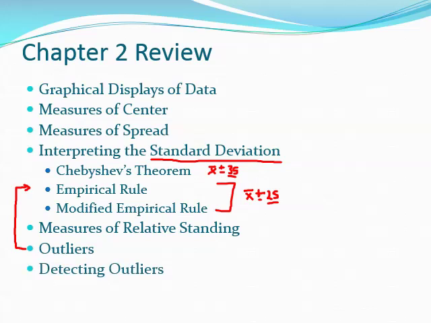In this review video, we've been talking about 2 standard deviations and 3 standard deviations, and that really goes hand in hand with what we call the z-score method for identifying outliers. The other method for finding them, detecting them I guess is a better word, is the box plot method. Those are all the different topics that we've covered in Chapter 2.